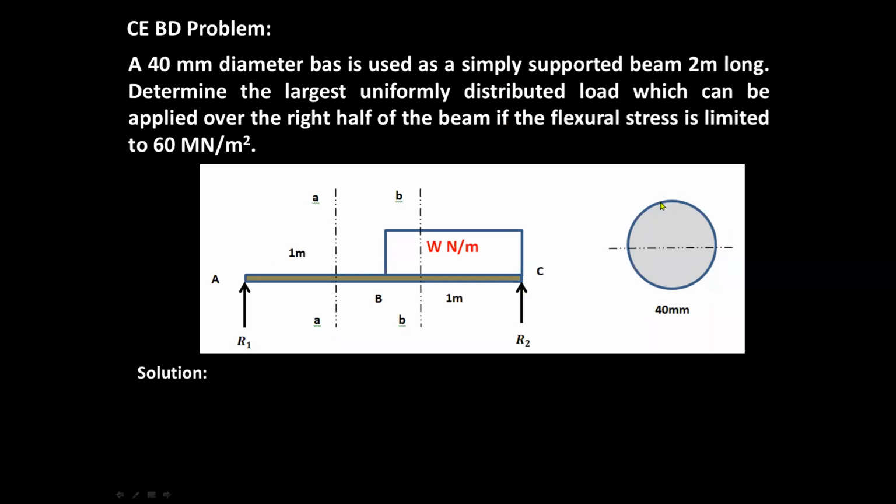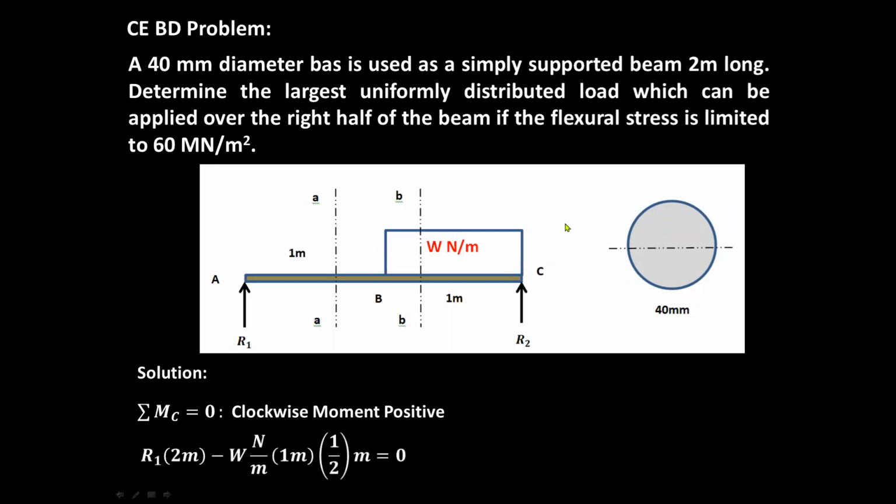Now, how do we solve the problem? First, we have to take the summation of moments at point C, clockwise moment positive, so that we can solve for the reactions. If this is the resultant, definitely it is at the middle. This is weight times 1.